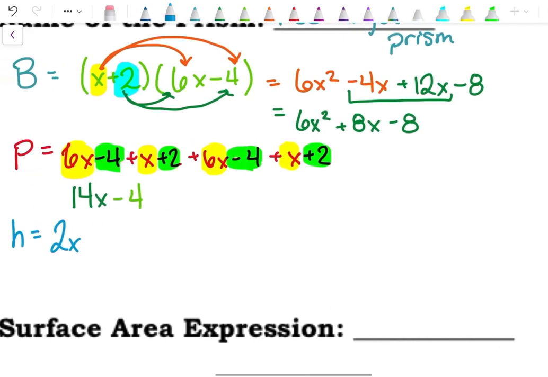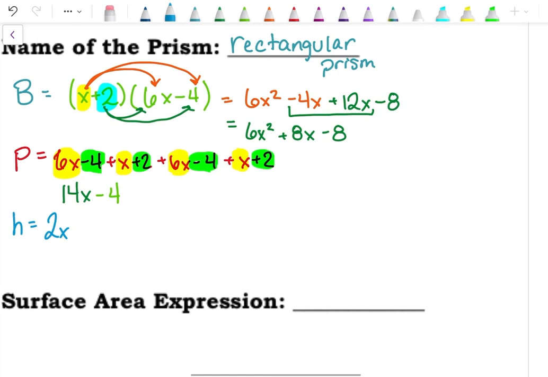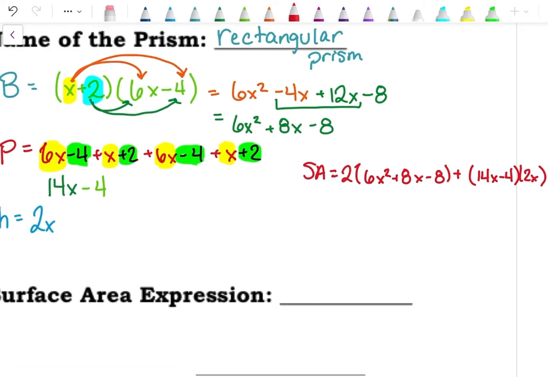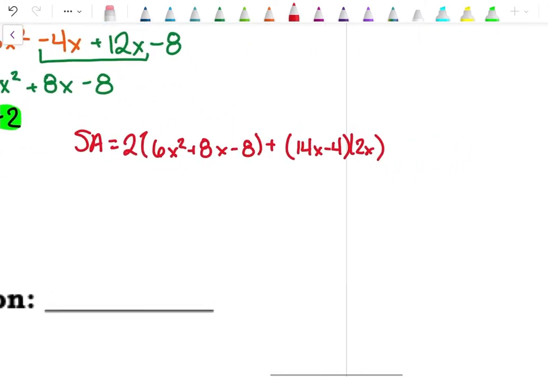So let's plug this all into my surface area formula. So surface area formula says 2 times the base areas, which is going to be 6x squared plus 8x minus 8, plus my perimeter, 14x minus 4, times the height, 2x. So let's simplify this where we see it.